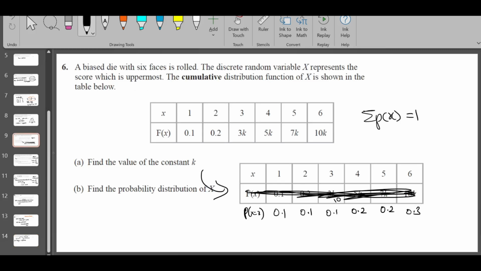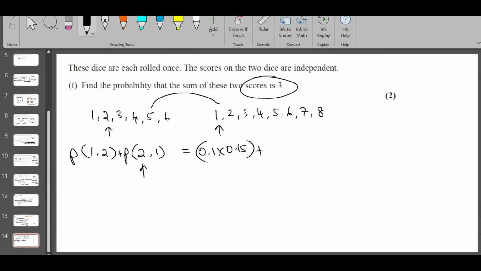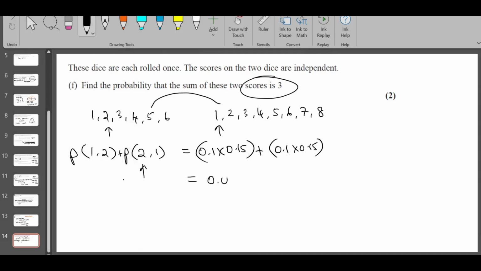Probability of 2 from the first one is 0.1. Probability of 1 here is A, which is 0.15. So 0.1 times 0.15. It's basically the same thing. So you can just write 2 times 0.1 times 0.15. 0.03 is the answer. That's all.